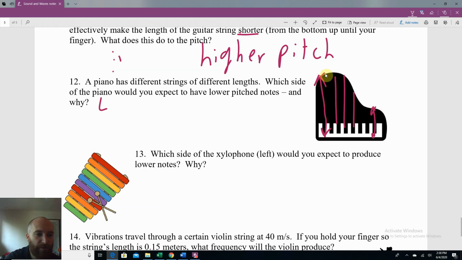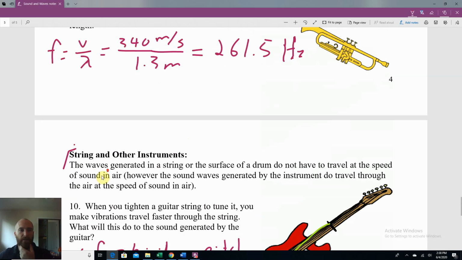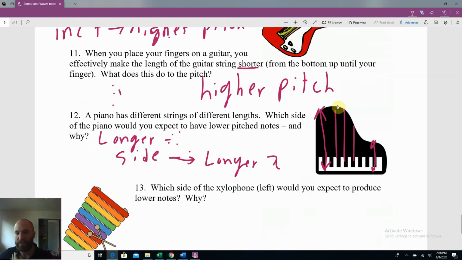I would say it should be the longer side, because they'll have a longer wavelength. Increasing wavelength decreases the frequency. So these will be your low notes if you hit these keys, and these will be your high notes if you hit those keys.